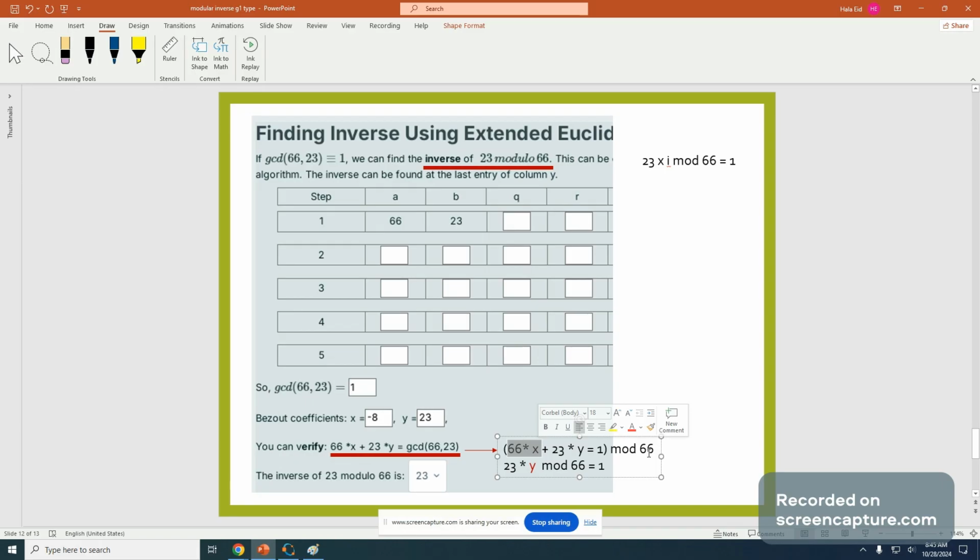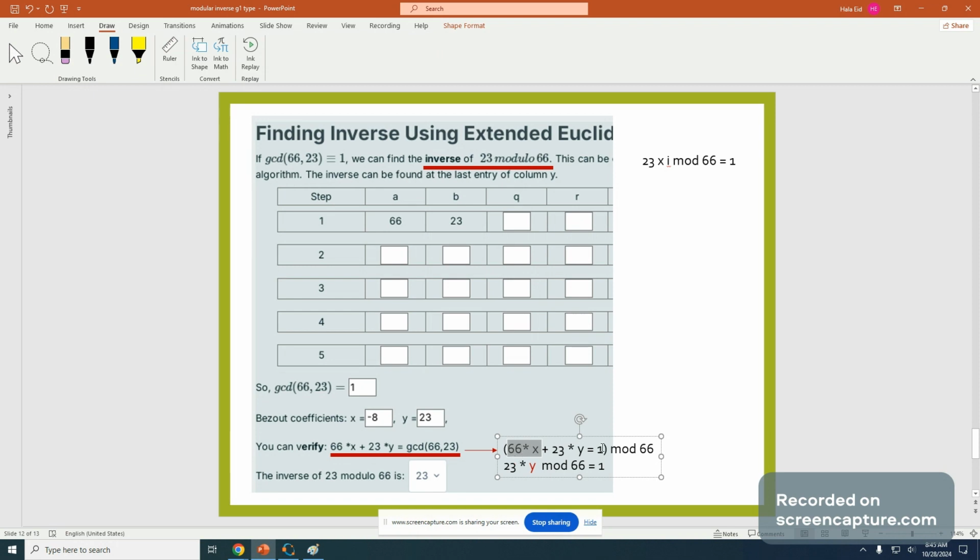Well, if I divide 66x by 66, I would get x and I wouldn't get any remainder. Any multiple of 66, 66 times whatever, divided by 66 gives you a quotient which is a whole number, the x, and there is no remainder. So the remainder is going to be 0.